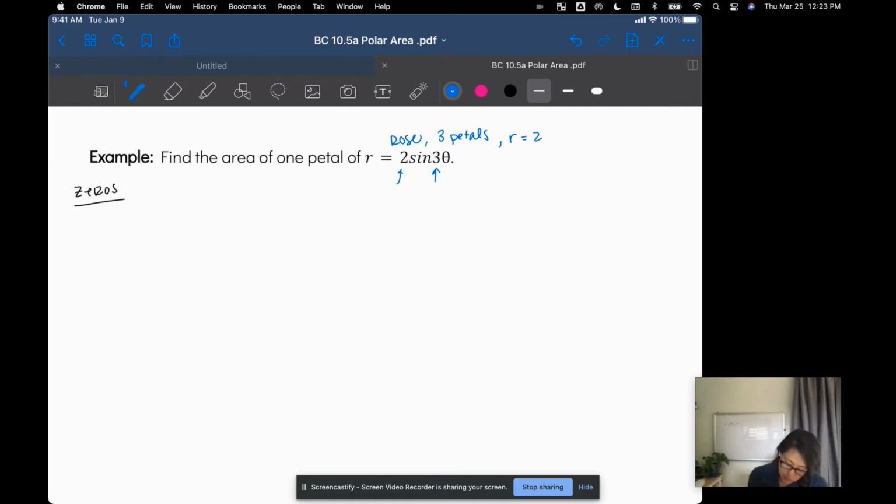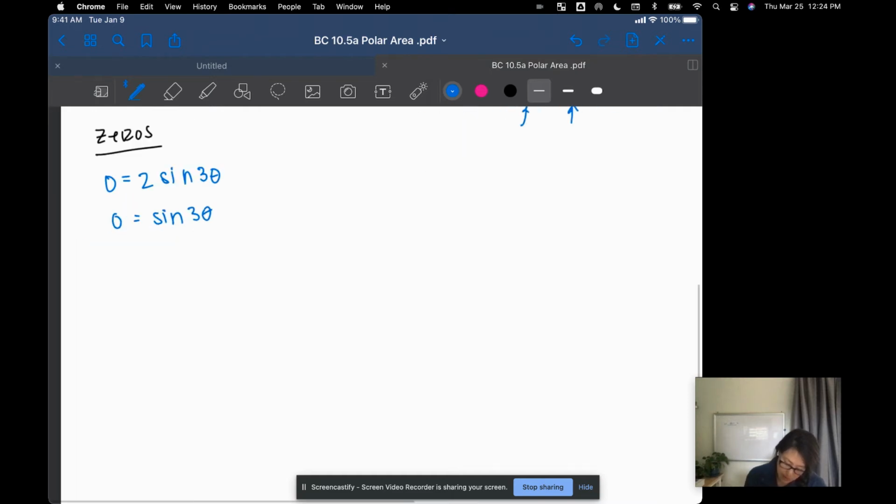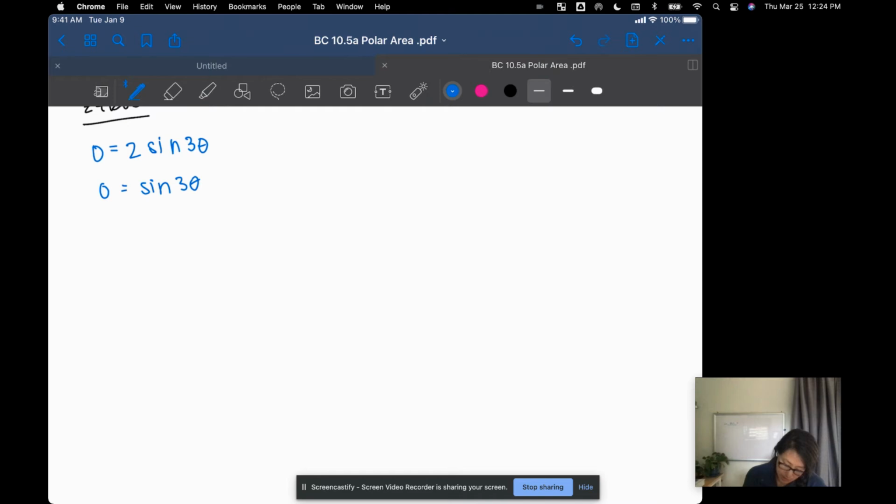Okay, so what I do is I find the zeros. So I'm going to set my equation equal to 0. 0 is equal to 2 sine 3 theta, divide by 2, giving us 0 is equal to sine 3 theta. Okay, and then I'm going to take the inverse.